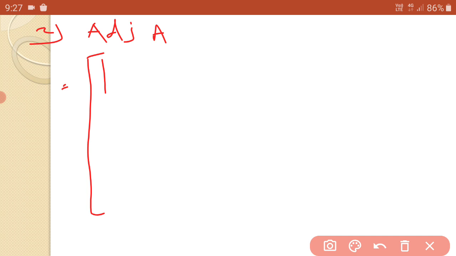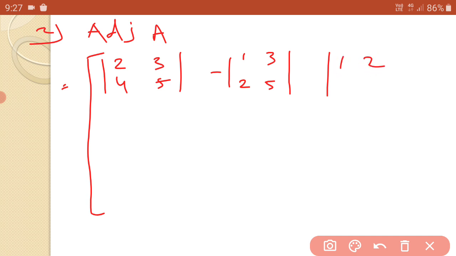Cofactor of this value is 2, 3, 4, 5, then minus 1, 3, 2, 5. Then 1, 2, 4, 1, 2, 2, 4.